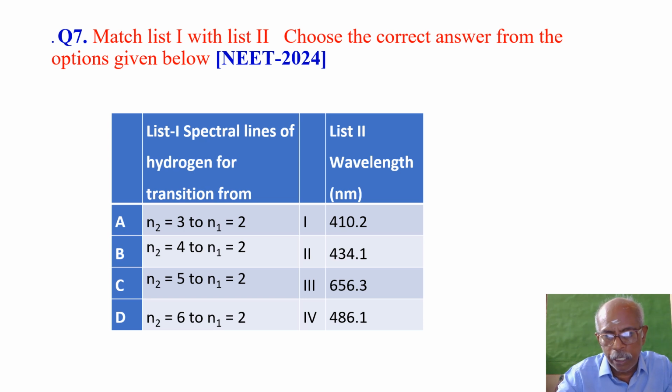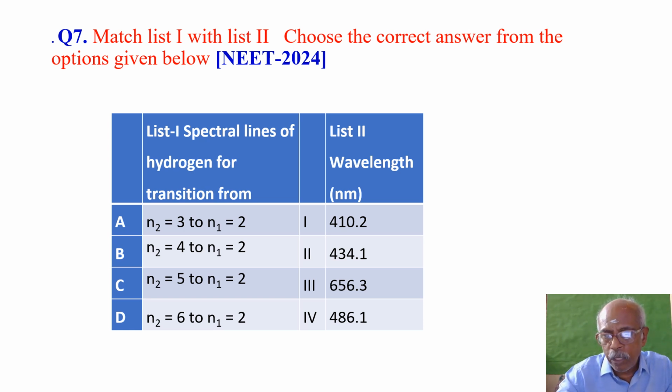In A, we are given the energy transition from which orbit to which orbit, and the wavelength in nanometers. But the wavelengths are not in order: 410, 434, then 656, then 486.4. What is the correct order that you have to find?